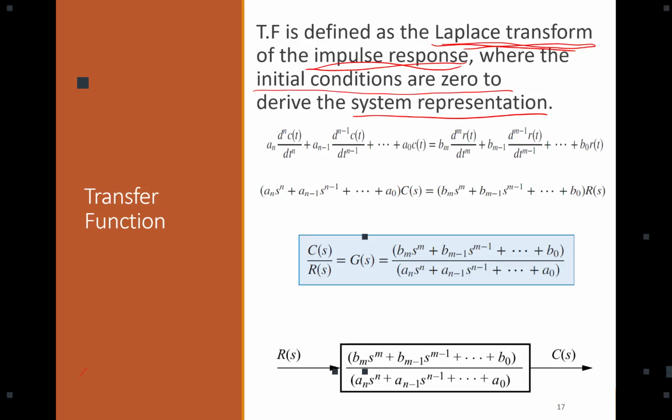Now, when we consider the transfer function, we will consider that u(t) as the impulse function, which is the Dirac delta. We know that the Laplace transform of a delta is 1. So we basically eliminate that factor from our mathematical model.